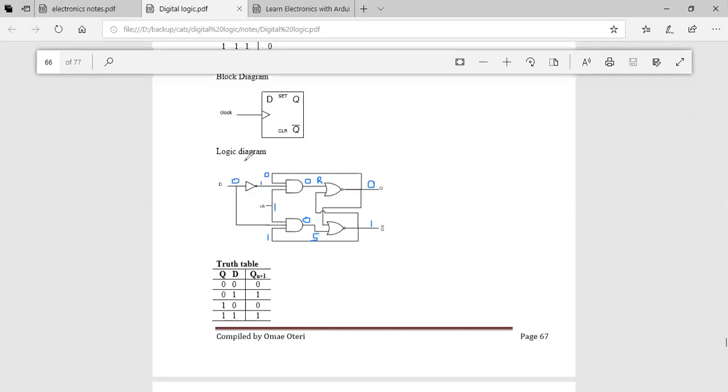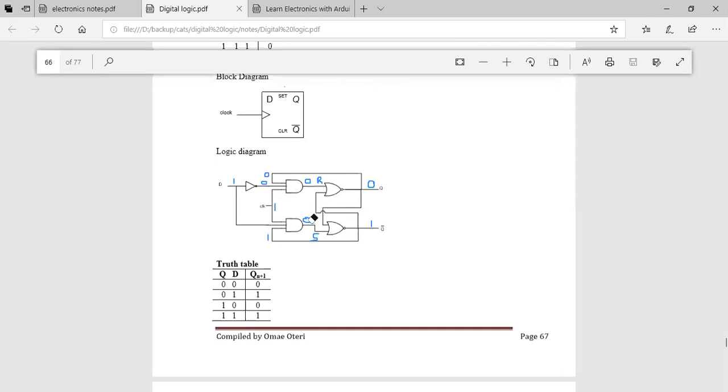So let's change D to 1 and see what happens. So this is 1. If this is 1, then this is what? 0, that's correct. So then this is 1. 0 and 0 and 1? 0. 1 and 1 and 1? 1.